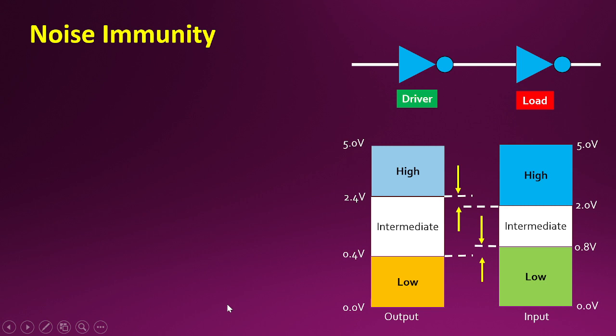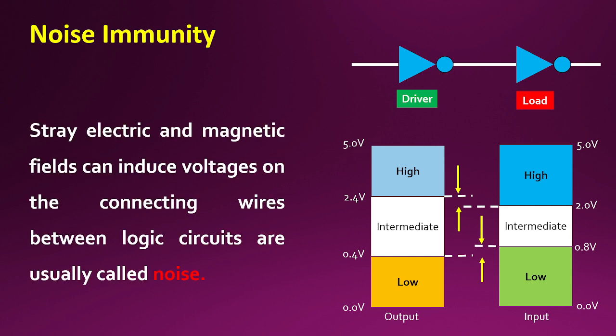Now let's move on to the very important part, which is called noise immunity. Now, what is noise immunity? See, any stray electrical and magnetic fields. Suppose we have a circuit where the output of a NOT gate is connected to the input of another NOT gate, and suppose these two belong to different integrated circuits.